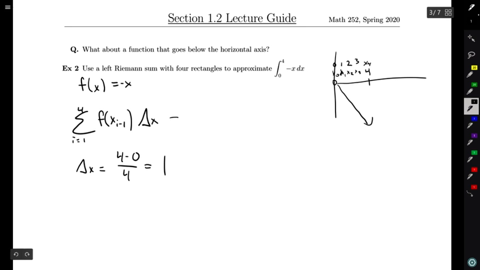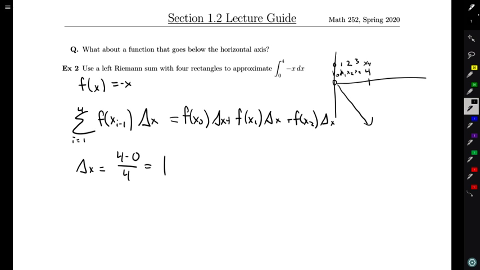So when we're adding all of these pieces up here, we need to think about first starting with i equals 1. So if we substitute i equals 1 into this sum here, we're looking at f of x0 times delta x plus f of x1, since we increment i by 1 now, times delta x plus f of x2 times delta x. We stop when i equals 4, which is when the index on our x value is 3.